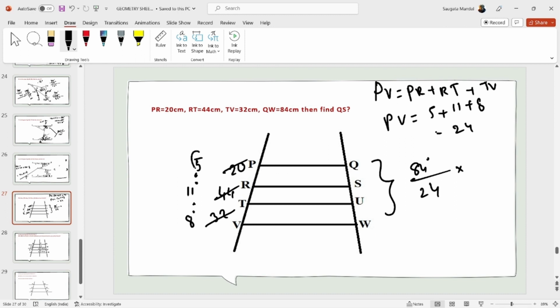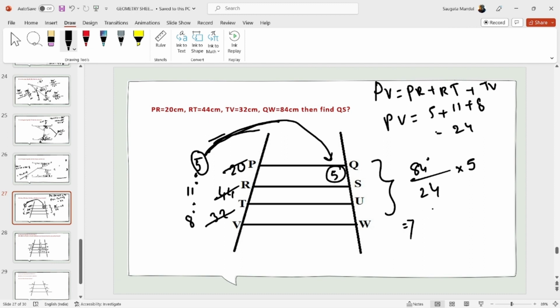The ratio of QS is equal to the ratio of PR, that is 5. So the ratio of QS is also 5. If 24 corresponds to 84, then QS is 84 by 24 into 5.